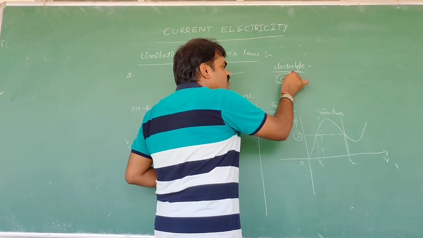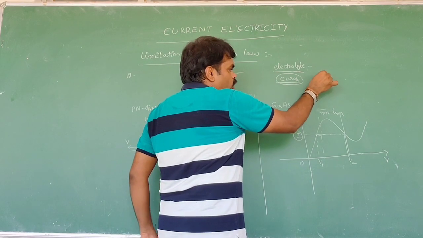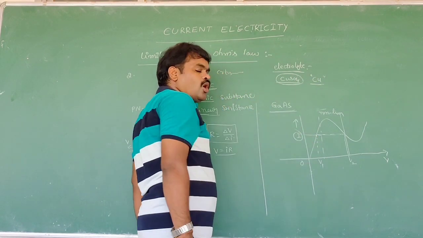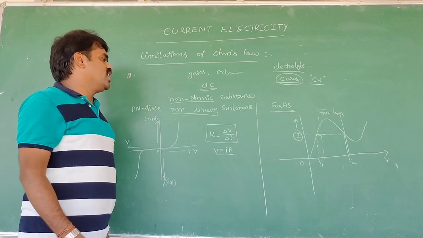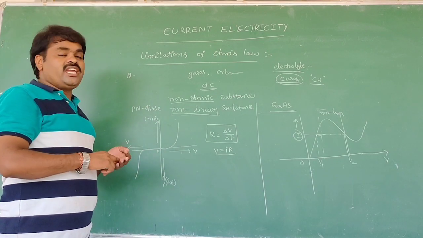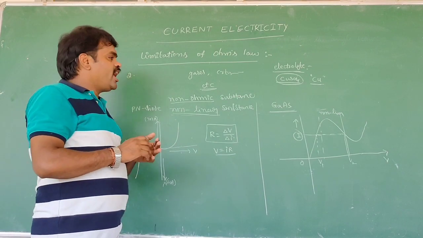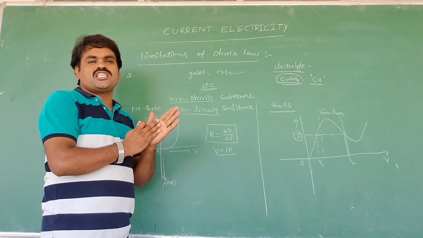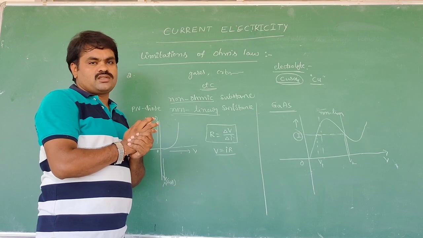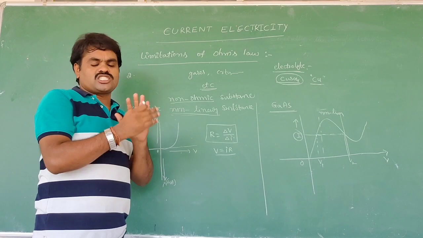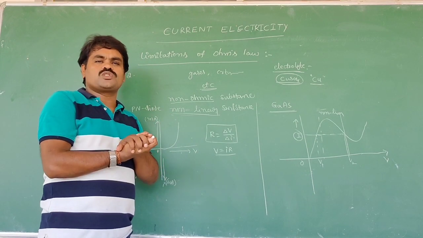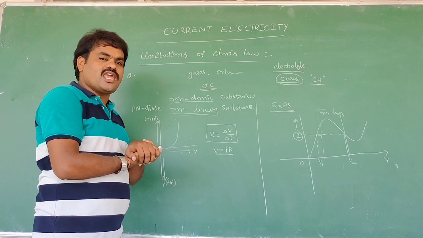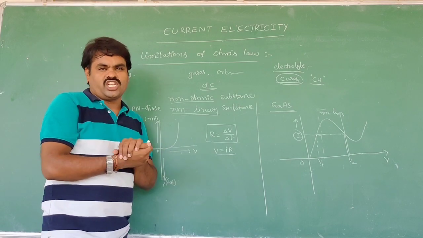Only for copper sulfate solution with copper electrodes does it obey Ohm's law. A circuit which obeys Ohm's law is called an ohmic circuit. A circuit that does not obey Ohm's law is called a non-ohmic circuit.